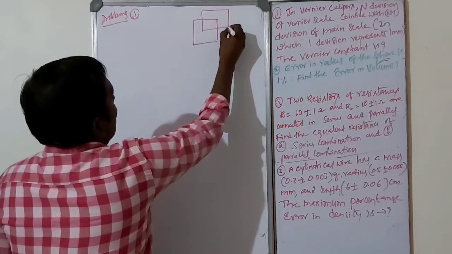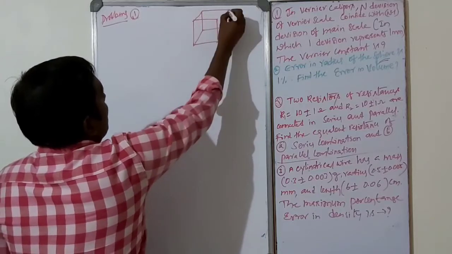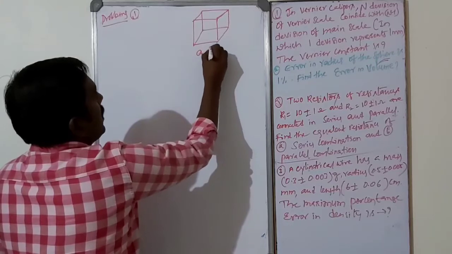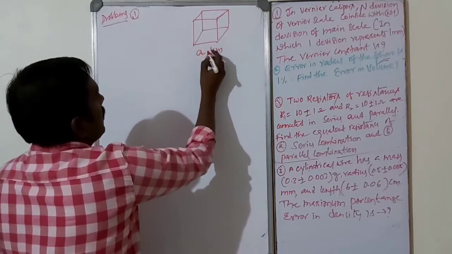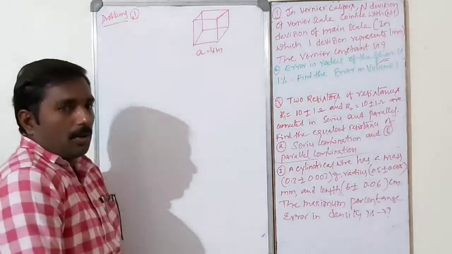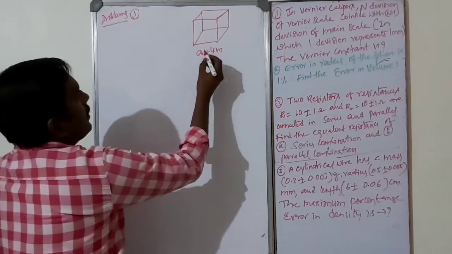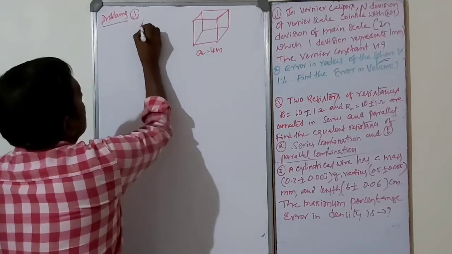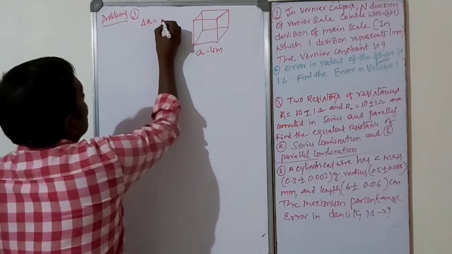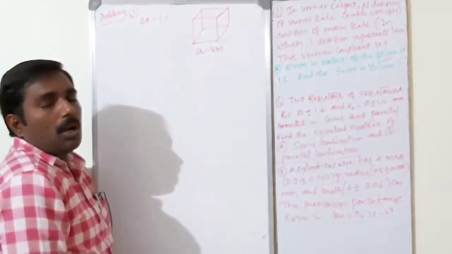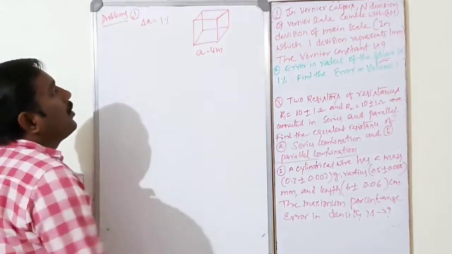This is a very simple problem. One side of the cube is measured as 4 meter, and the error in this side is given by delta A is equal to 1%. What is its volume?